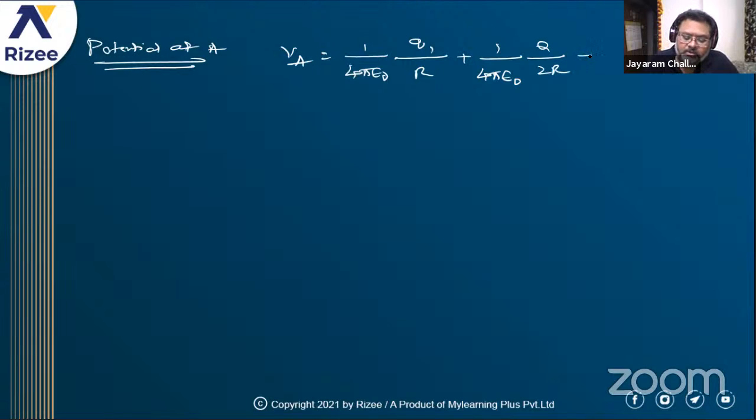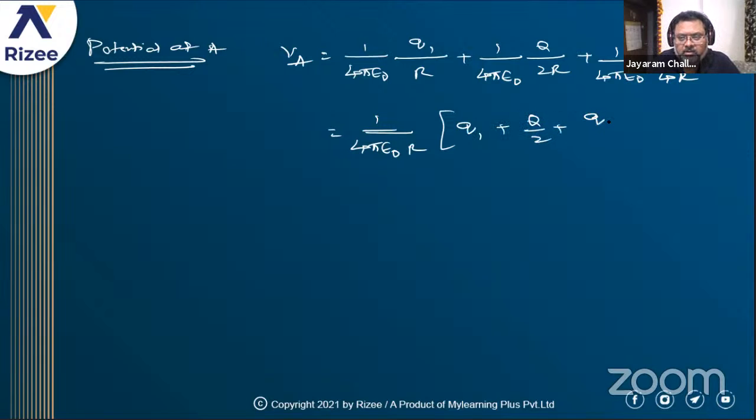The third one is plus 1 by 4 pi epsilon naught, the charge on that one is Q2, which is at a distance of 4R. Now if we take the common factor, 1 by 4 pi epsilon naught into R, outside, then this will be Q1 plus Q by 2 plus Q2 by 4. So this is our first information we have got.